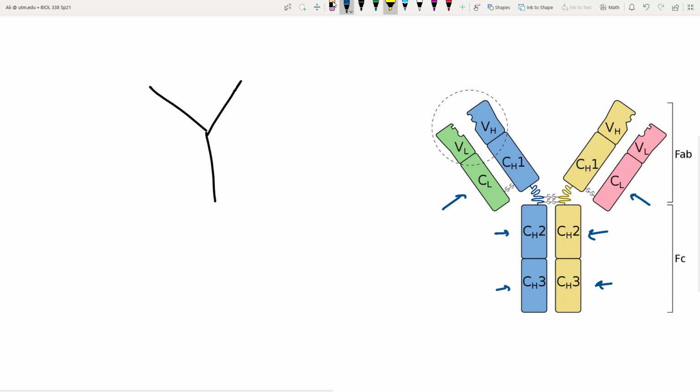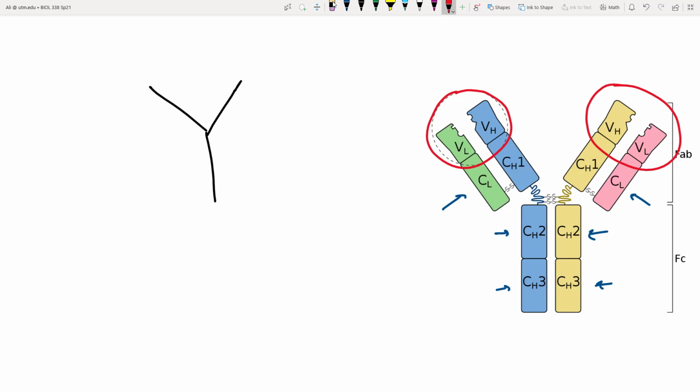And then you have these variable regions being shown here.